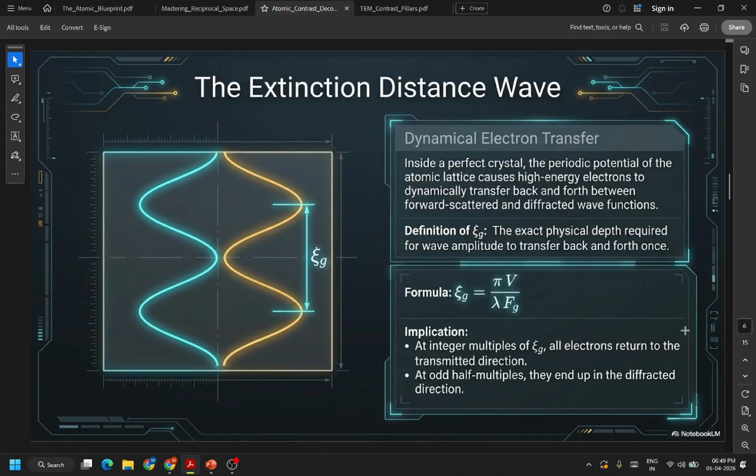At integer multiples of epsilon g, all electrons return to the transmitted direction. At odd half multiples, they end up in the diffracted direction.